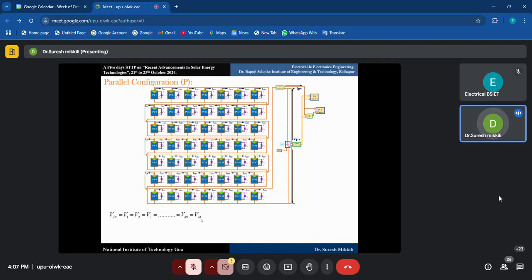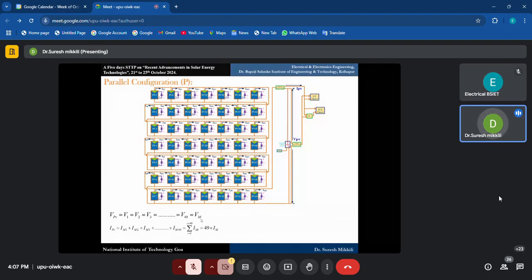What about current? All the modules are connected in parallel, so the currents will be added together. So your current will be 49 times Im, and the voltage will be Vm.